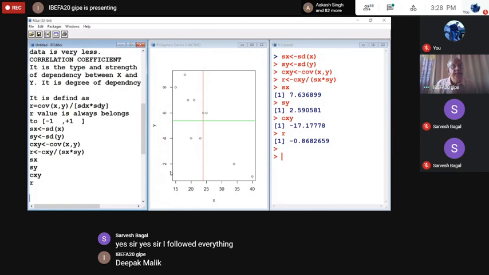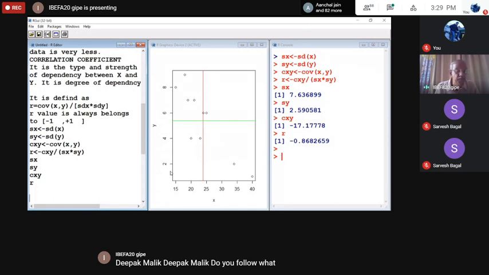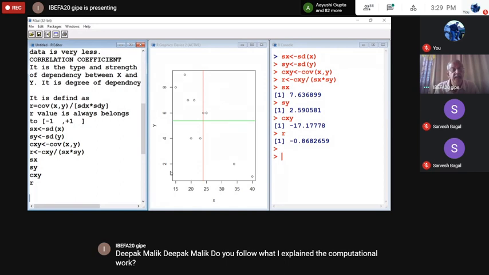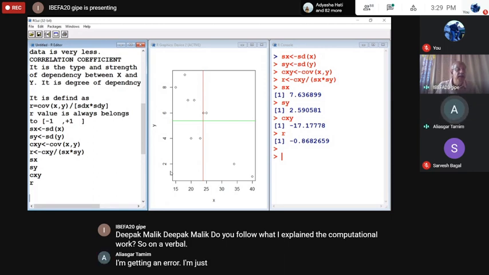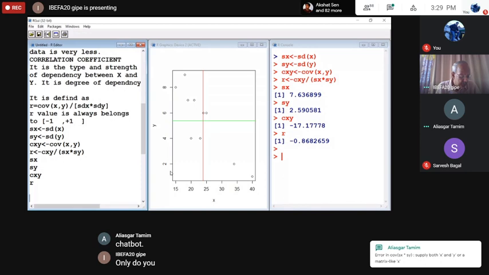Deepak Malik, do you follow what I explained of the computational work? Sonam Verma. Sir, I'm getting an error. I'm just going to put it in the chat box. Do you follow? Yes, sir, I can follow, but I'm getting this error.